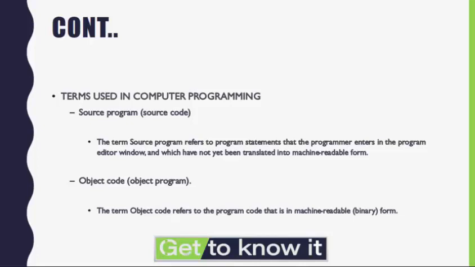Object code is the language that the computer can understand and is produced by a compiler or an assembler after translating the source program into a form that can be readily loaded into the computer. So what usually happens is that because the computer language is a bit complicated, we usually use languages that we call high-level languages, which are like broken English.